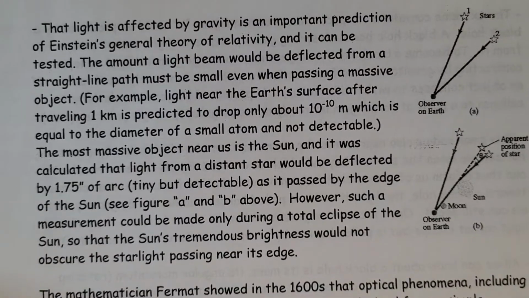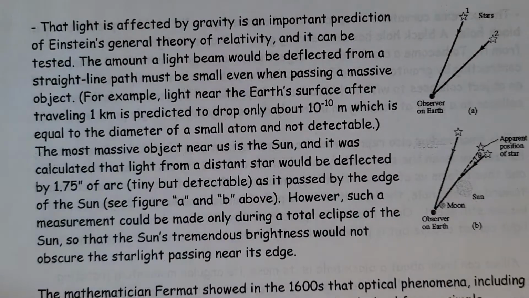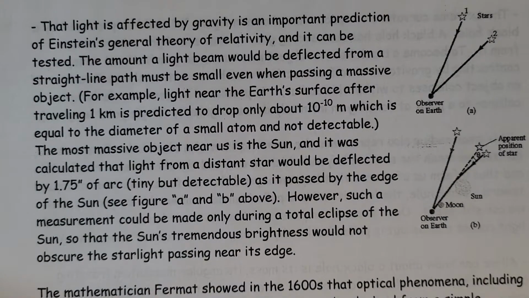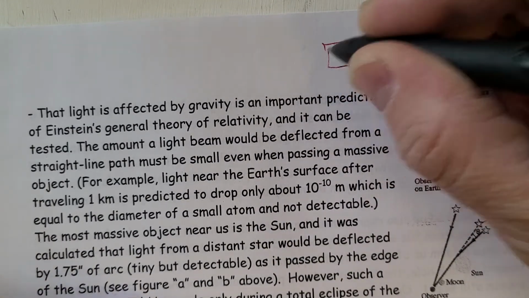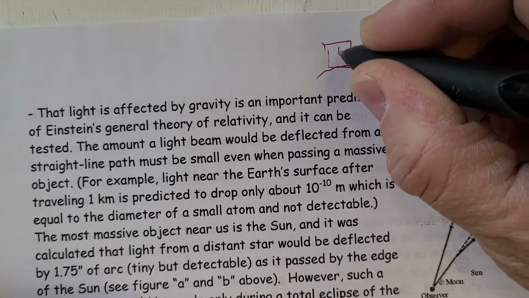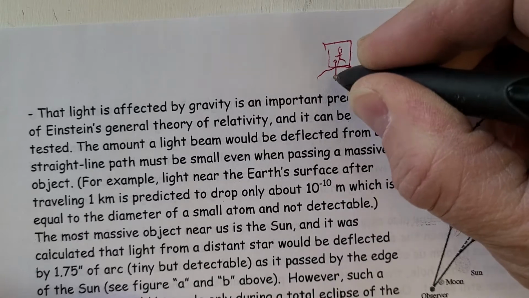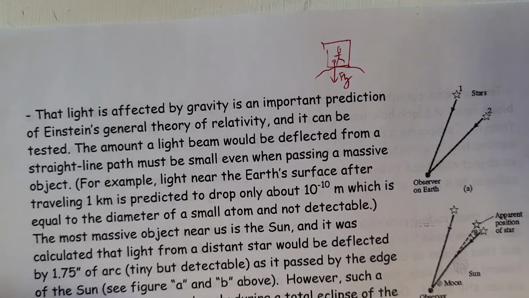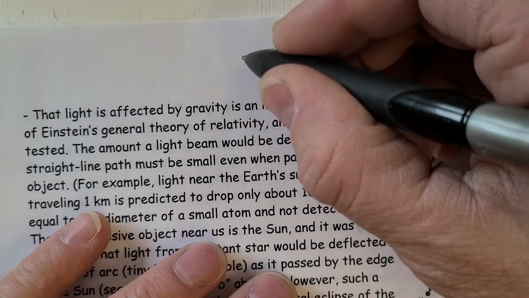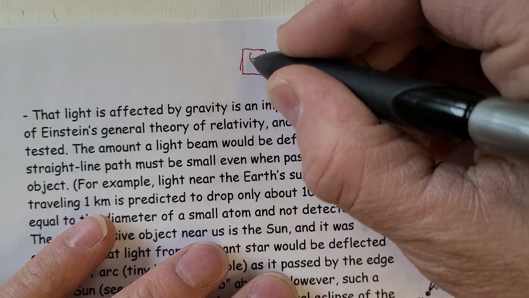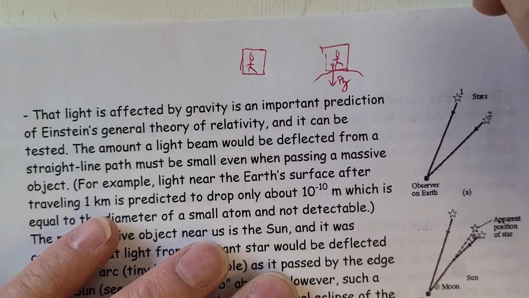So looking at accelerating frames of reference and seeing what happens there, and looking at the principle of equivalence. If I'm in an elevator, of course if it's on Earth, I experience Fg, a gravitational force downwards, right? And if I was out in space, of course, I would experience nothing if I was not near anything.